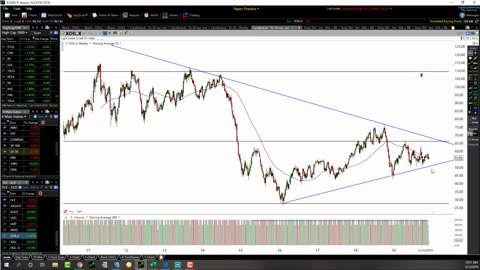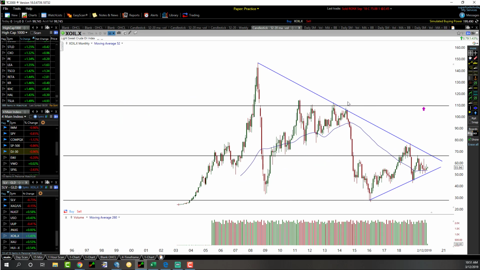If we break this trend line to the downside, we're probably going to head on the way down to $30 there, because that's the next support level. If we start to break to the upside and go for a run back up, then you can see where my arrow is, right? We're probably likely to race back up towards the 110 level there.